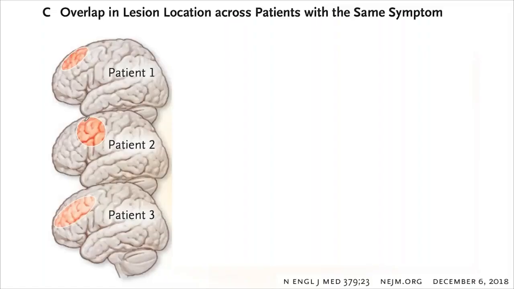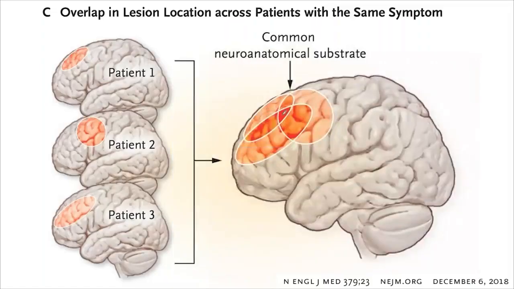People have different shapes of lesions, okay? But at the end of the day, we can be sure that they have overlaps, and if all 3 patients have lack of control, probably the area that is within the overlap of these 3 areas is the area that is responsible for lack of control.